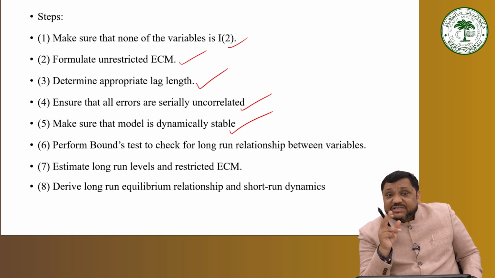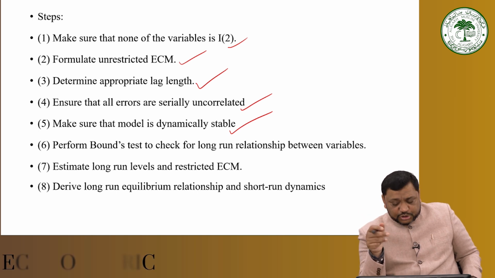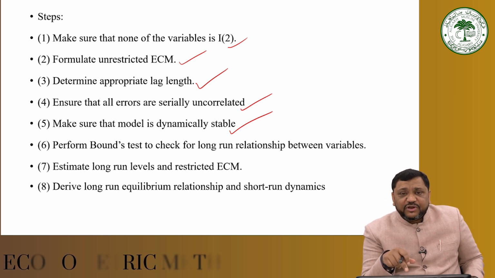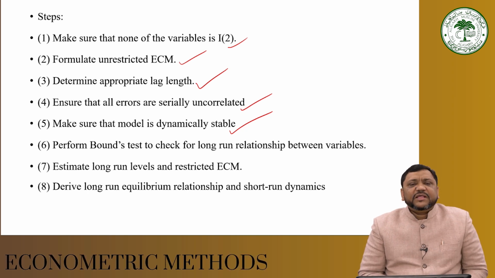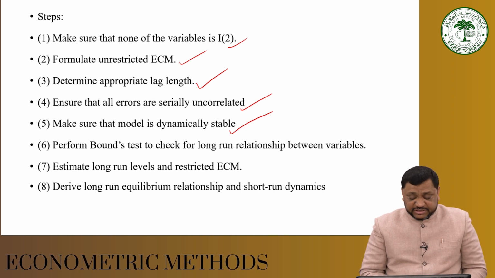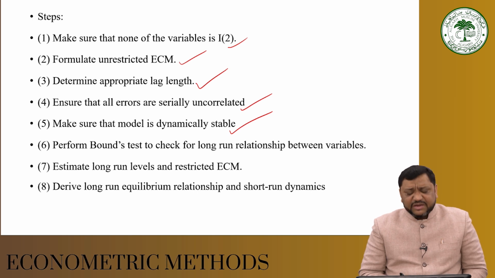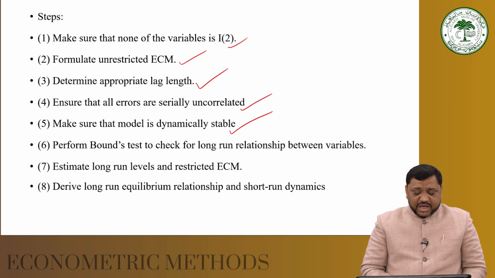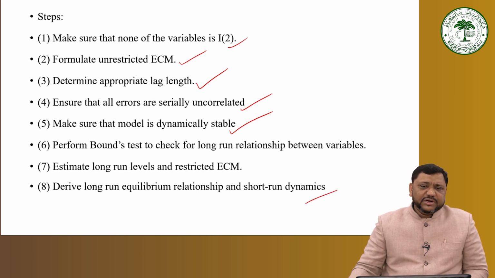But in this case, there is an additional test which we refer to as CUSUM and CUSUM squares tests. That is required here to ensure that the model is stable. Then we have to perform the bounds test to check for the long run relationship between the variables, and estimate the long run levels and the restricted error correction model, and derive the long run relationship and the short run dynamics.